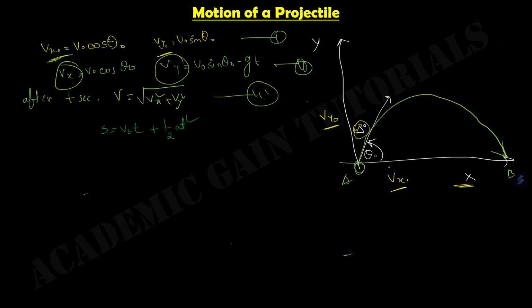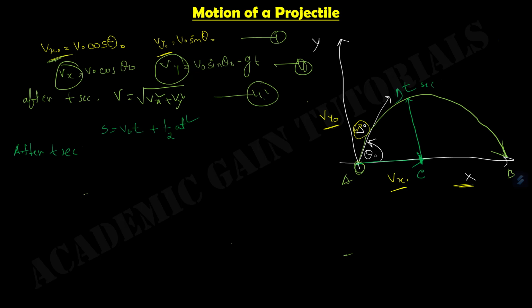So along the x-axis, how far will it go after t seconds, and how far will it go along the y-axis? Suppose after t seconds, the body is moving from A point to C point in the horizontal direction, and how far it will go upwards, like C point to D point, I have to find out.